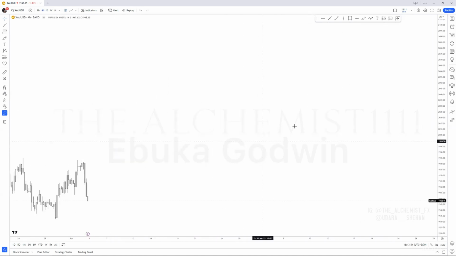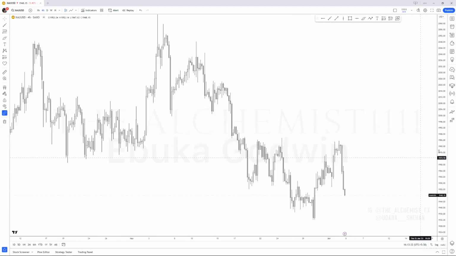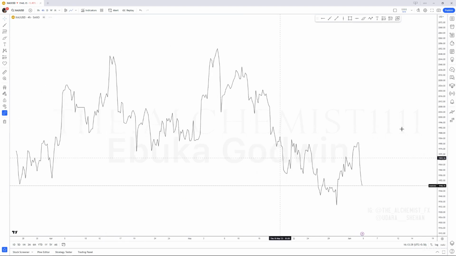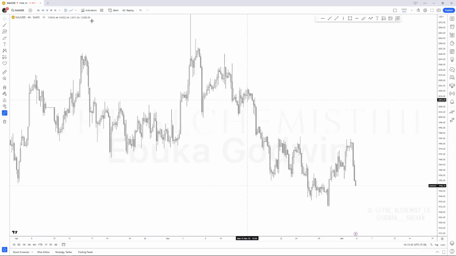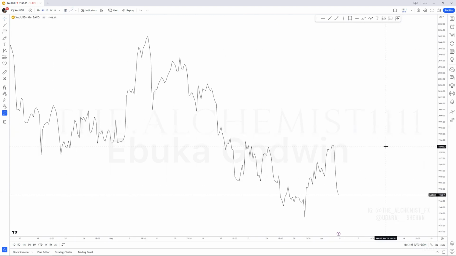Another thing to point out is that, remember, we will be using the line chart a lot. We will go through candlesticks as well, but mainly we'll be using the line chart, because this is important.